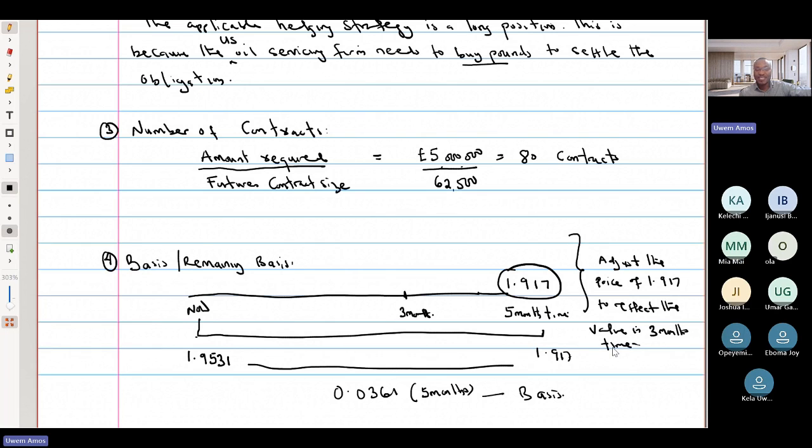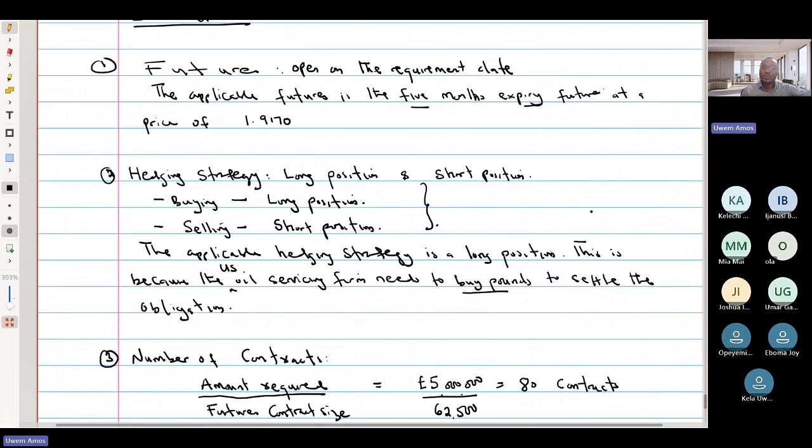We ask ourselves first, what is the exchange rate now? The term used to describe the exchange rate now is called the spot rate. So we look at our question and say, okay, what is the exchange rate now, which is the spot rate?